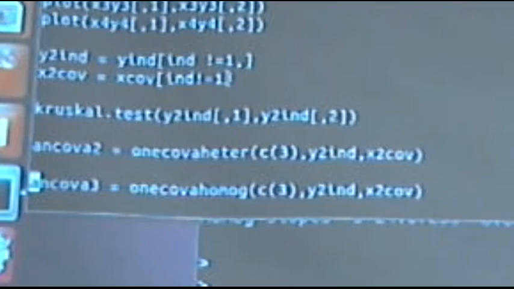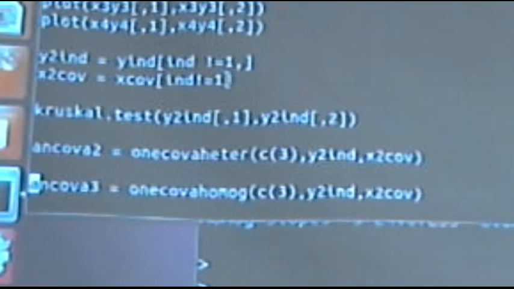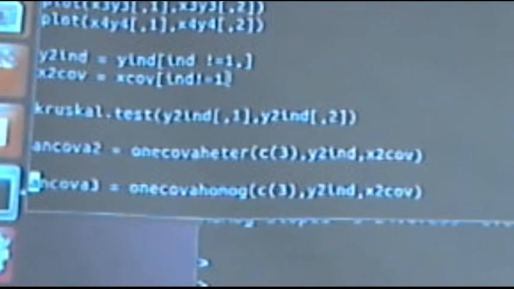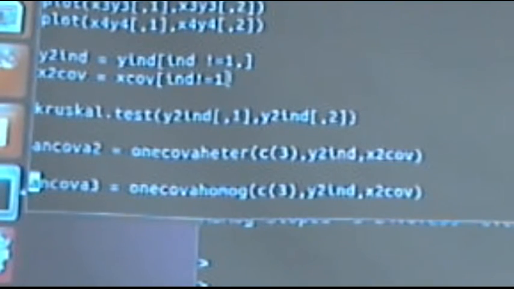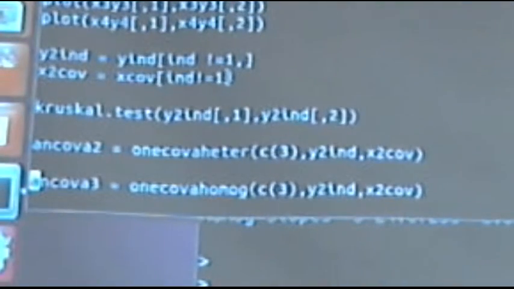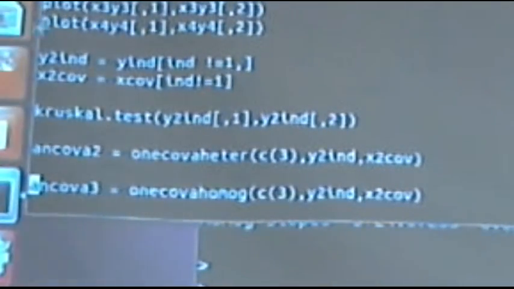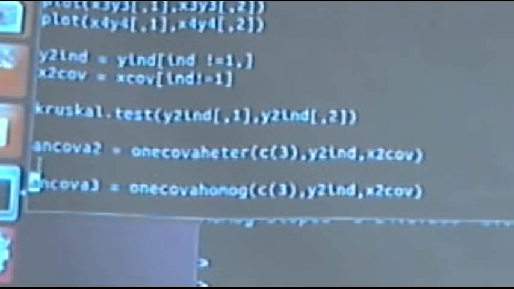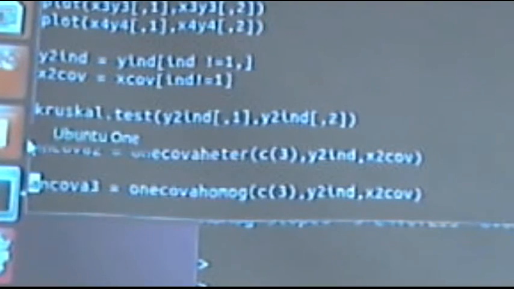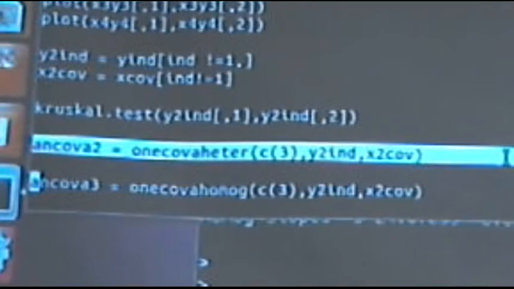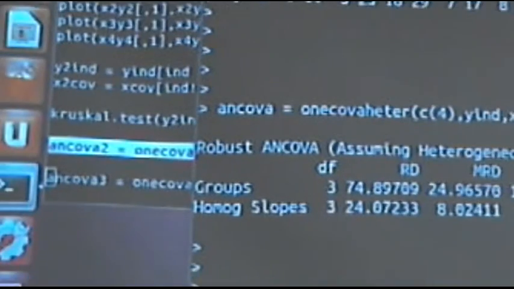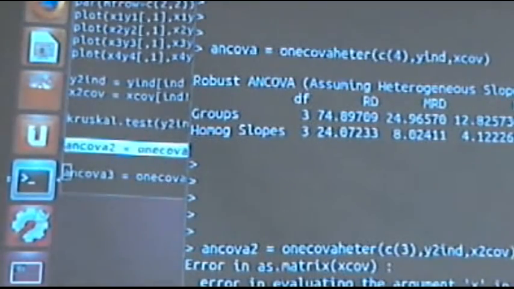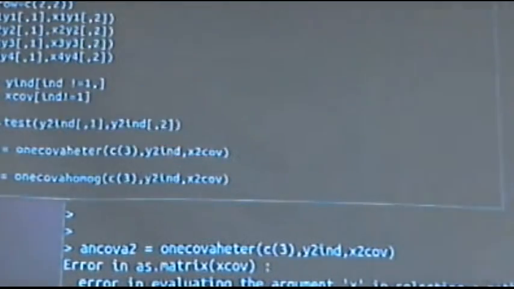I took out the placebo treatment from the Y and the indicator really, and then the covariate too. So first of all, let's do the one we just did. Now we only have 3 groups, C of 3. Watch. Subset of data.